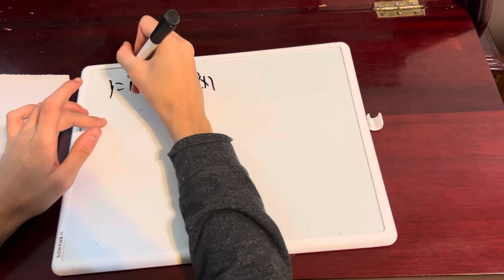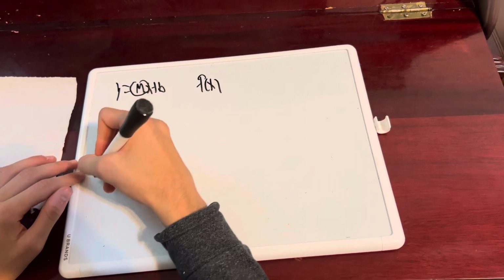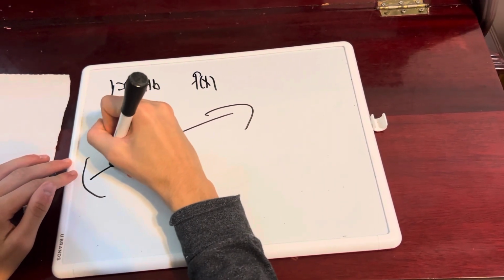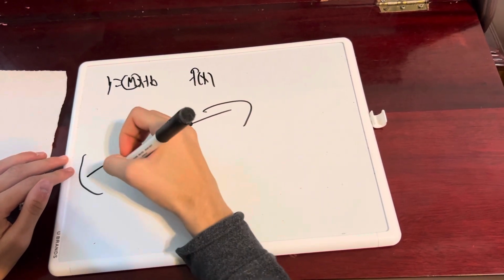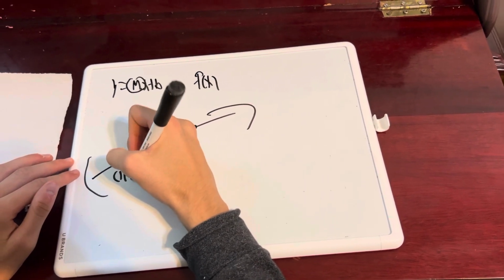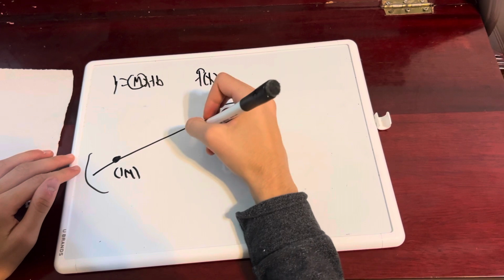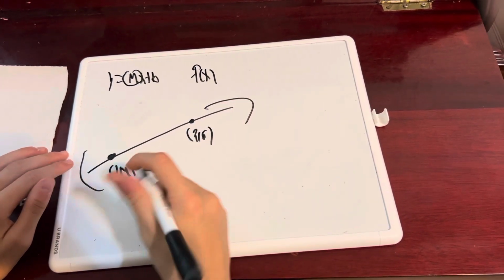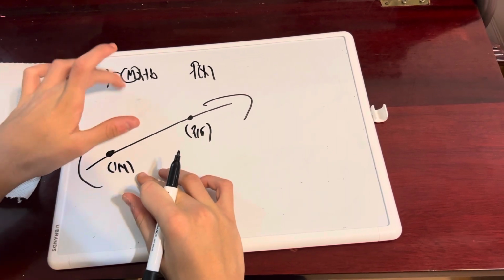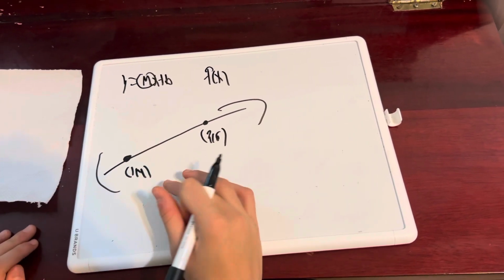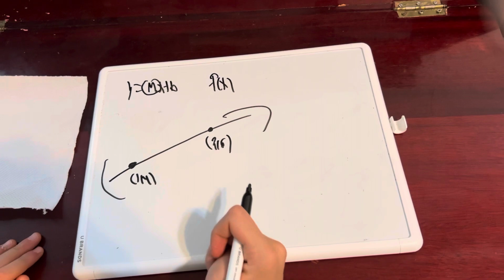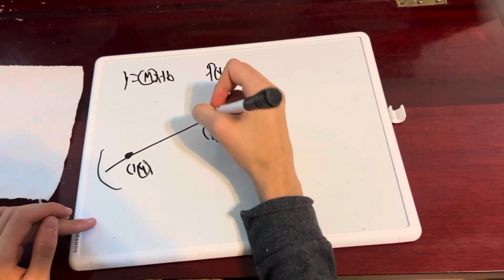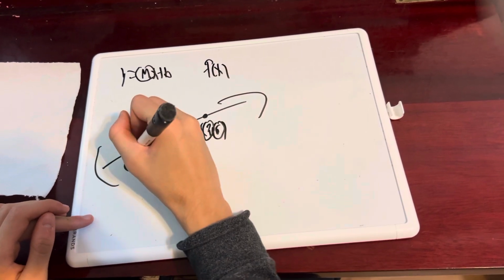And then your m is going to be the slope of your linear graph. So if you have this line right here, and say you have this point and this point, and this point is (1, 4) and this point is (2, 6). If you want to find the m value, it's going to be the difference of your y coordinates divided by the difference of your x coordinates.